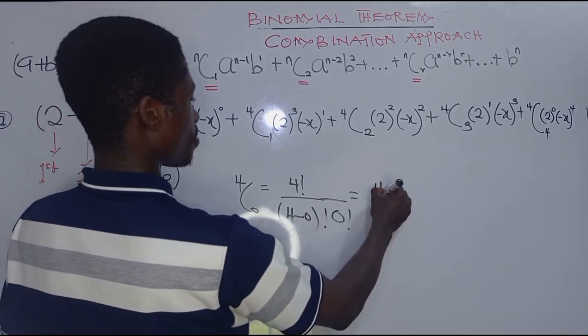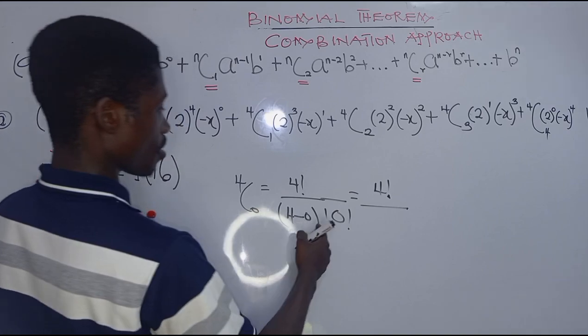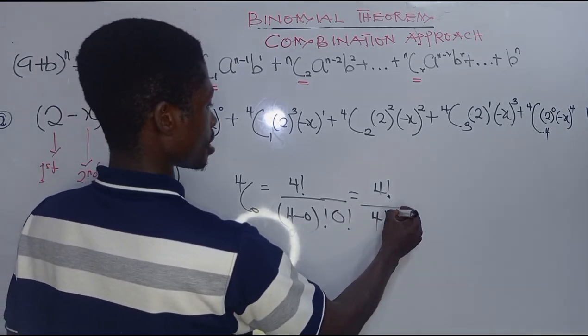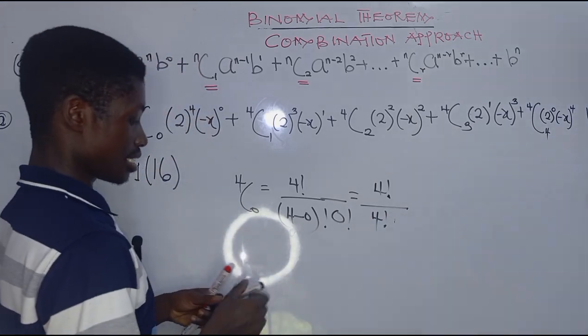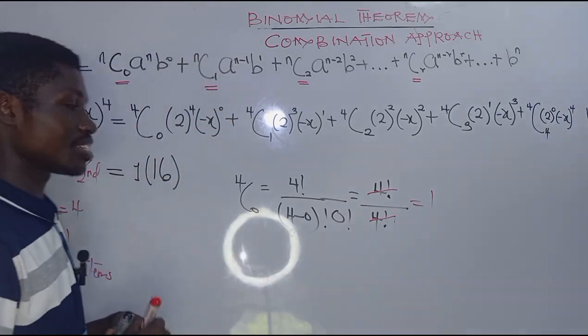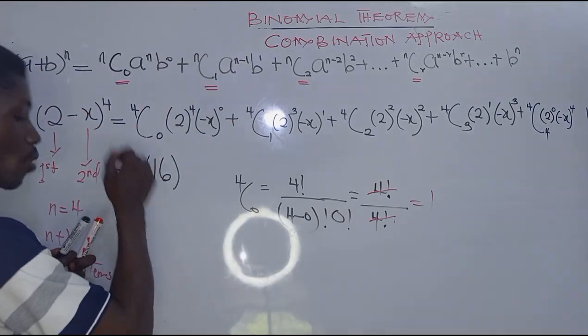So this will give you 4 factorial all over 4 minus 0, which is 4 factorial. 0 factorial is still 1. So you realize that 4 factorial cancels 4 factorial, we are having 1. So we have the coefficient to be what? 1. Easy.